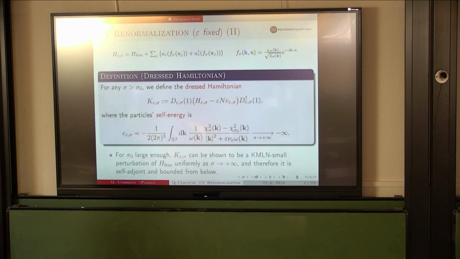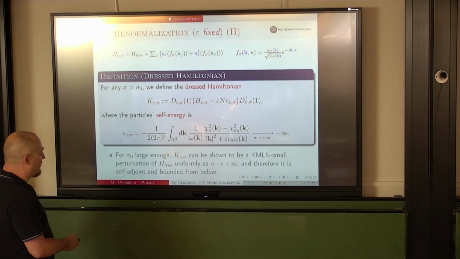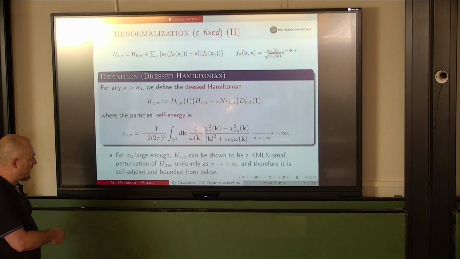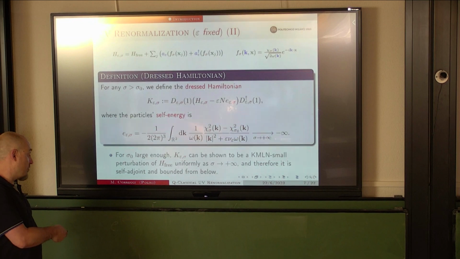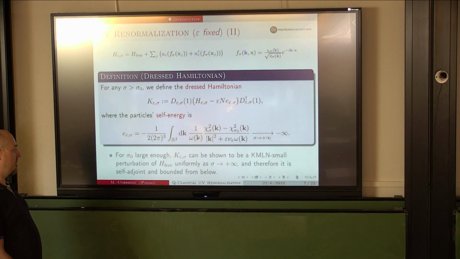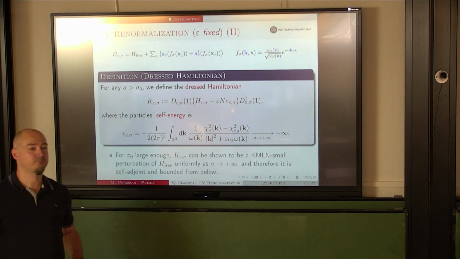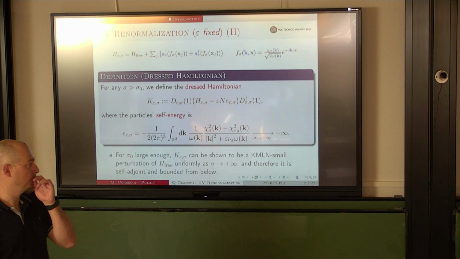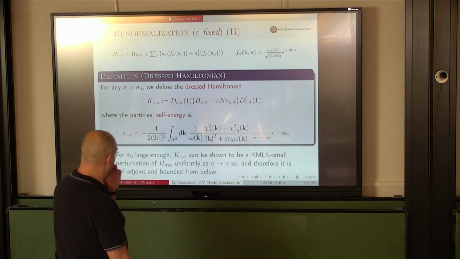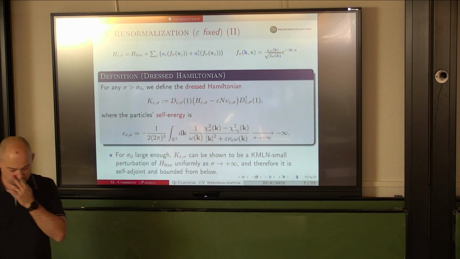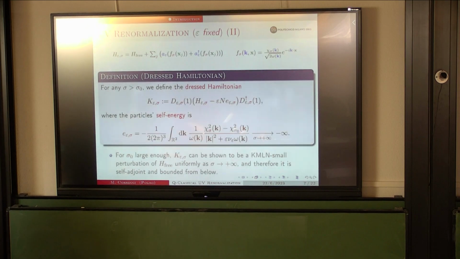Then you may ask what the behavior is, and you see a logarithmic divergence in sigma coming from the ultraviolet behavior, which is 1 over k cubed. If you look at the Nelson model without the particle, you get this ground state energy by just completing the square in the creation and annihilation operators.